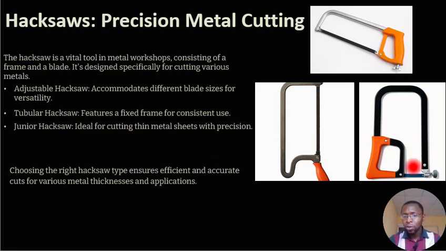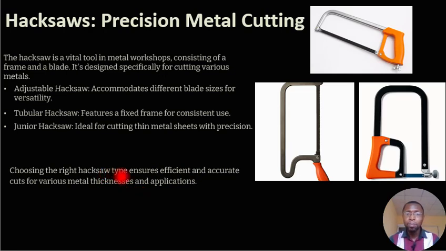This is it here. So this is the blade part. It is very, very important that we choose the right axle depending on the purpose so that we ensure efficient and accurate cut. All right? Very, very important that we choose the right one depending on the work we want to use them for.